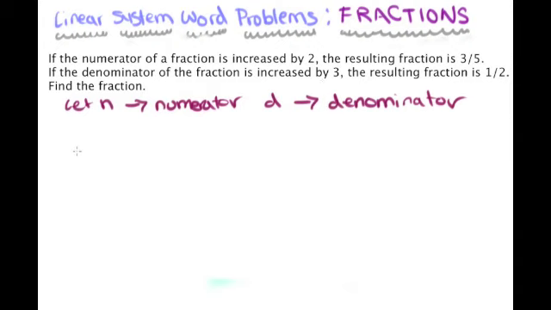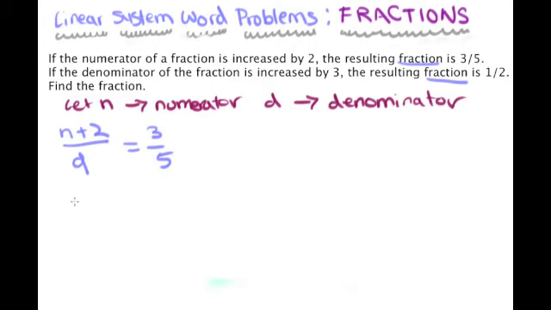If the numerator of a fraction is increased by 2, so n plus 2, the resulting fraction is the key word. If you have the resulting fraction, then you have to include the denominator. So n plus 2 over d is equal to 3/5. And if the denominator of the fraction is increased by 3, the resulting fraction comes again.